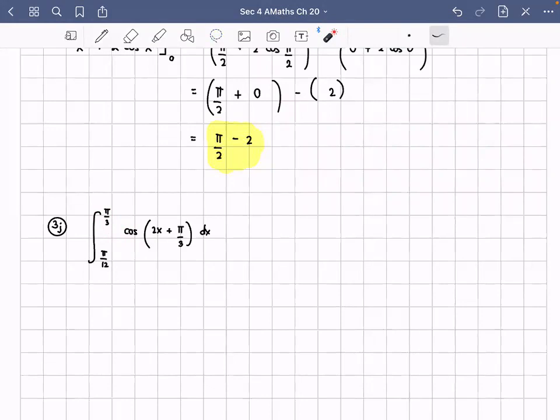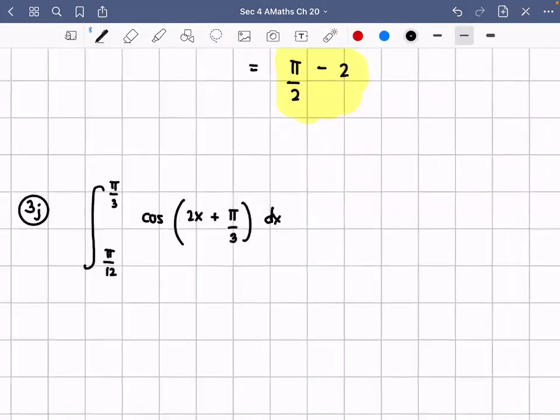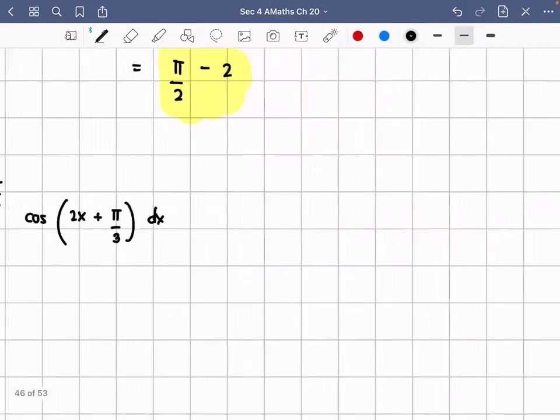So first, again, we need to find the antiderivative of 2x of cosine of 2x. So that's sine. Okay, but what happens with this?